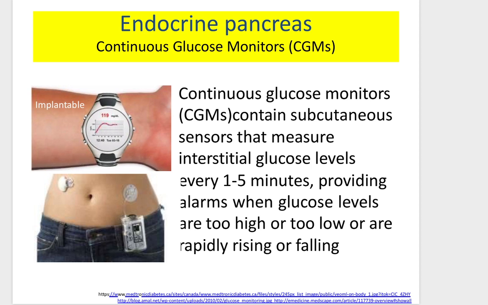Additionally, continuous glucose monitors can be used. They look like this. It is a small device, usually fixed on the abdomen, a catheter fixed on the abdominal surface, that checks every 5 minutes and provides alarms when glucose levels are too high or too low and are rapidly rising or falling.